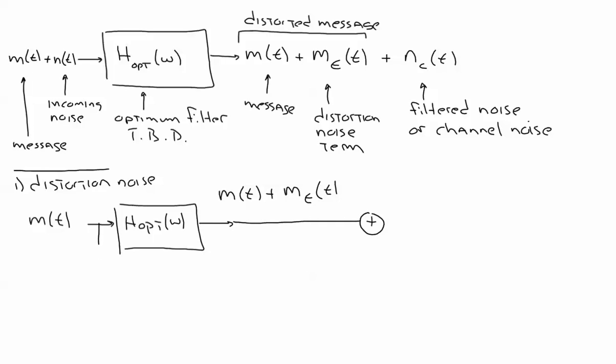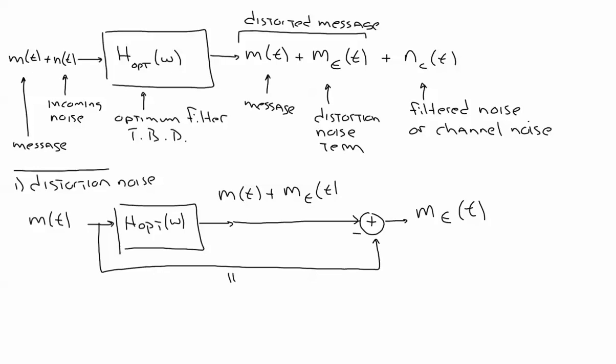And if I also subtract the original message from the message plus distortion, I get the distortion term in isolation.